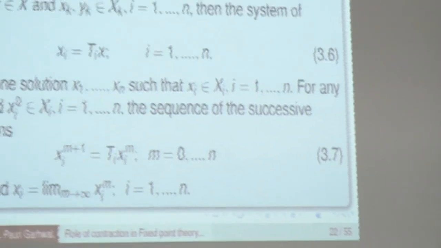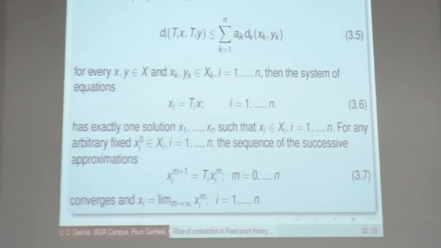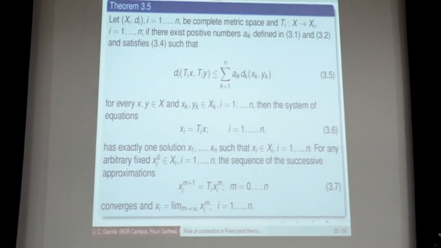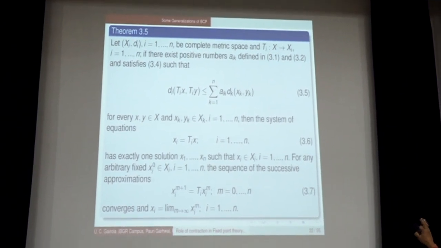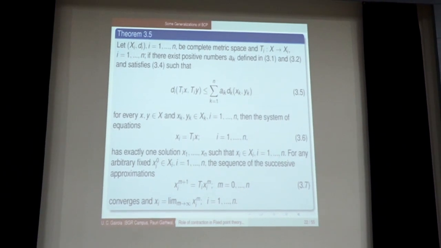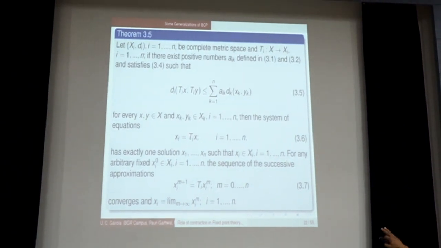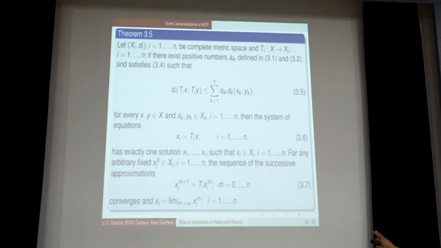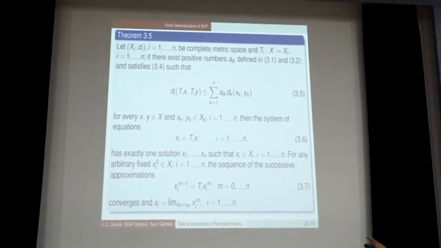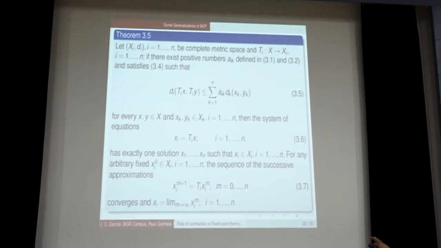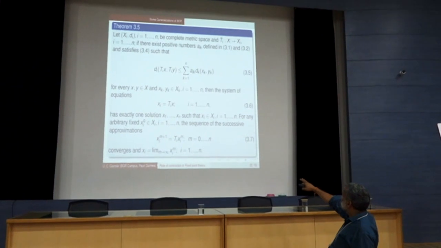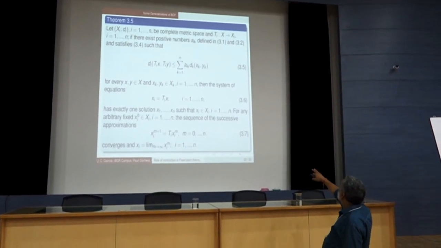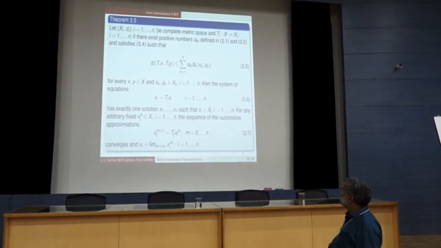So this is the theorem given by Matkowski for the product of metric spaces. Xi, di are complete metric spaces, and Ti is from X, where X is the product of n metric spaces, and they satisfy these conditions. For every x, y belonging to X, the system of equations xi is equal to Ti x, where i is equal to 1 to n, has exactly one solution x1, x2, ..., xn, such that xi belongs to Xi for i equal to 1 to n.